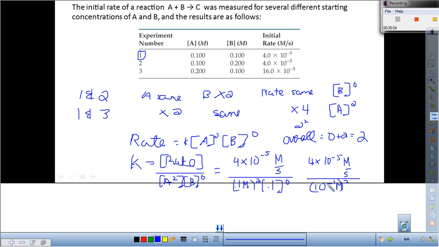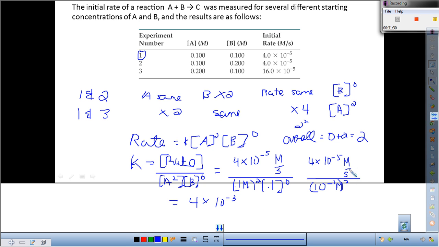I changed that to 10 to the negative 1 so I could easily do the math here. What's 10 to the negative 1 squared? Well, it's 10 to the negative 2. So that helps these two things cancel out. And so for a K, I get 4 times 10 to the negative 3. And if you don't believe me, plug it in your calculator, you'll get it.